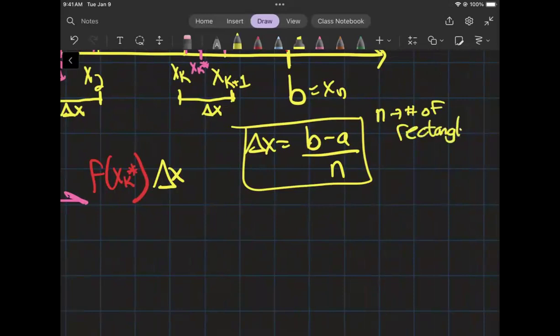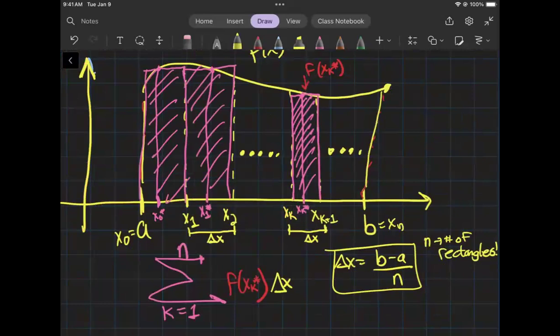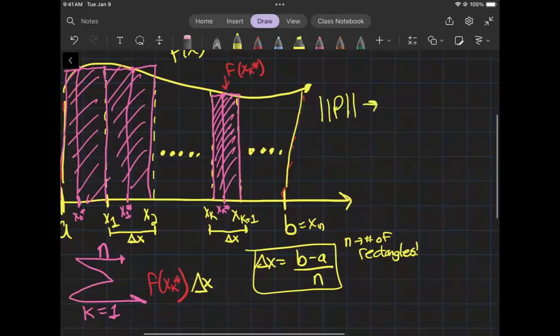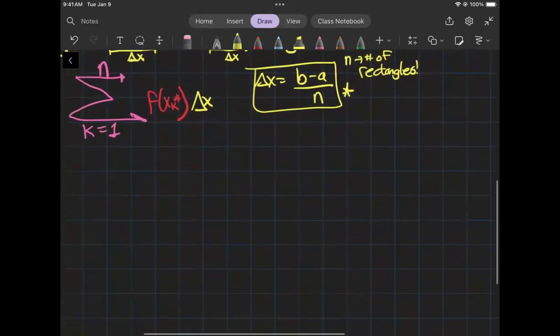In your textbook, they use this definition in a general sense. This notation in the definition refers to the norm of the largest partition. But usually in calculus textbooks, they use an even partition, which is called the uniform partition.